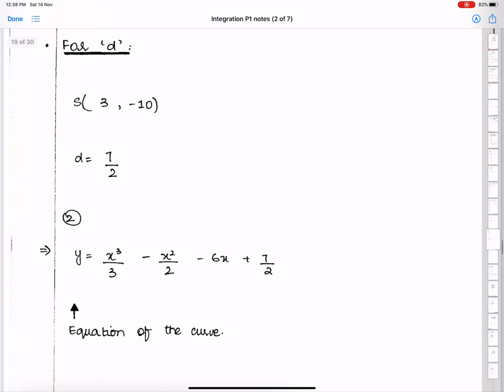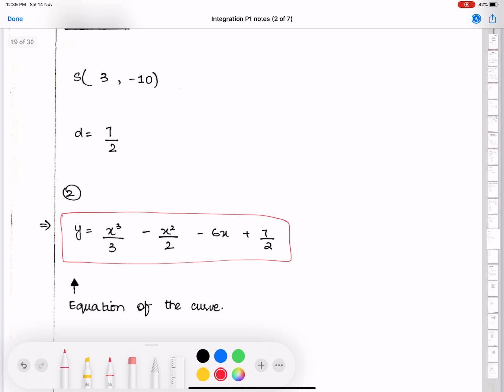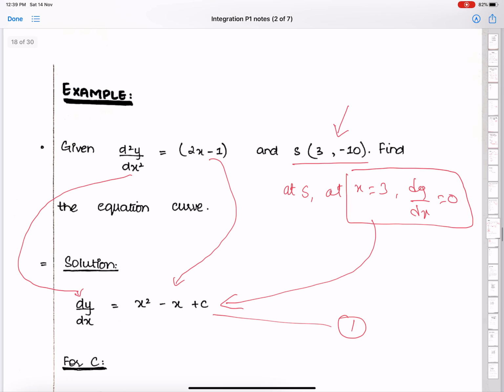So when we put 3, minus 10, we'll get D, and this will be the final equation of the curve. So it's very simple. You just need to integrate carefully and use the given information carefully to get the first constant and to get the second constant.